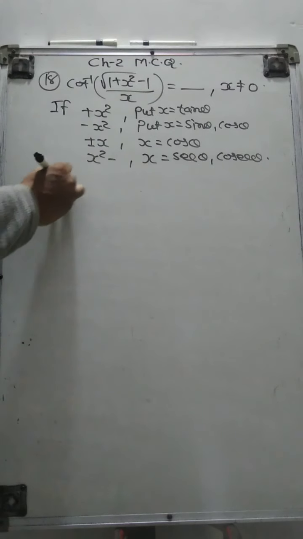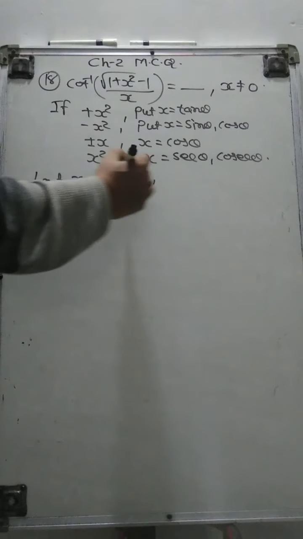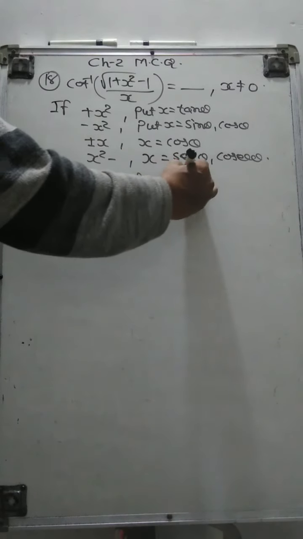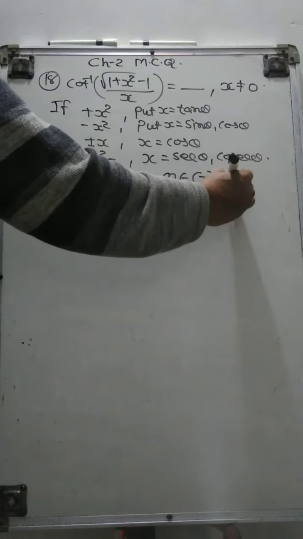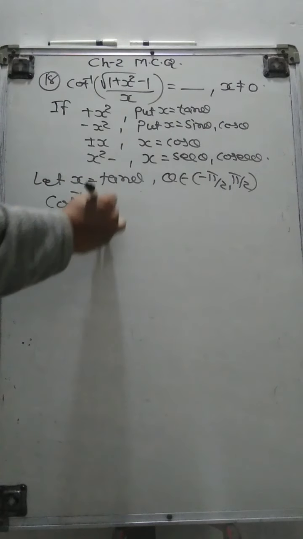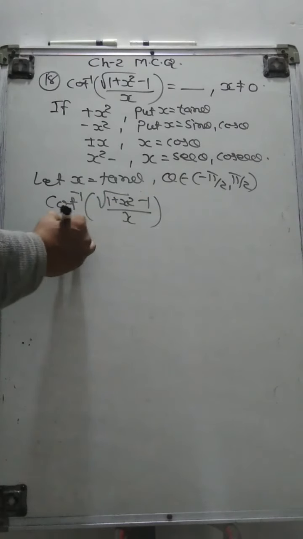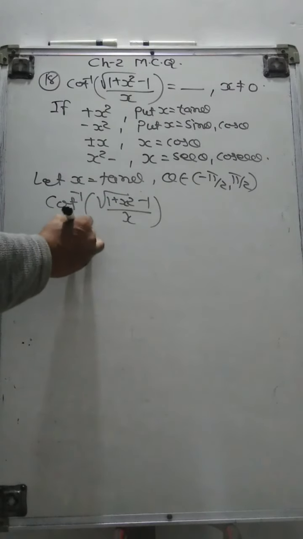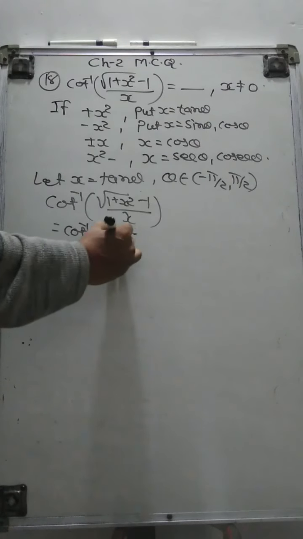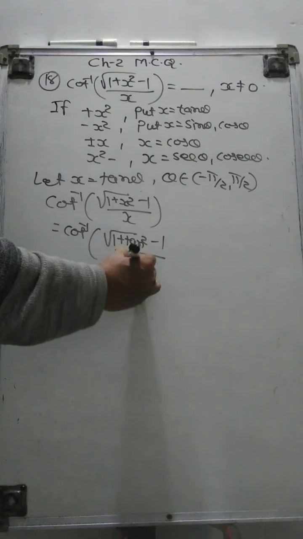So here let x equal to tan theta, and theta belongs to minus pi by 2 to pi by 2, and cot inverse of root 1 plus x square minus 1 upon x is equal to cot inverse of root 1 plus tan square theta minus 1 upon tan theta.